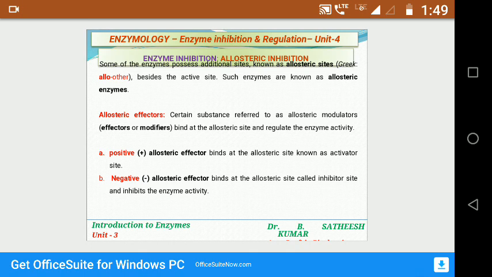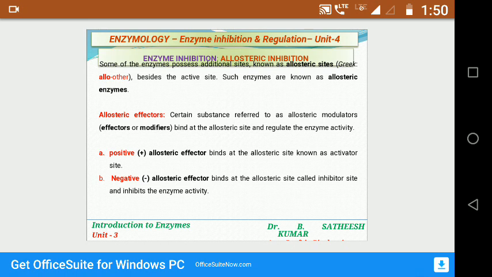They increase the enzyme activity by binding to them. And negative effectors bind the enzymes and decrease their catalytic velocity. They are called negative allosteric effectors or allosteric inhibitors. So we can have both positive regulation and negative regulation.